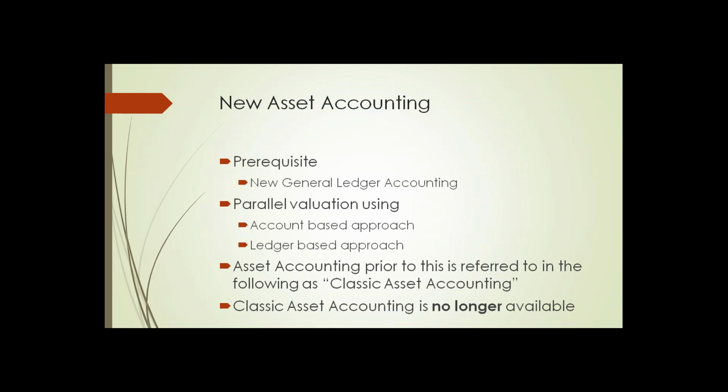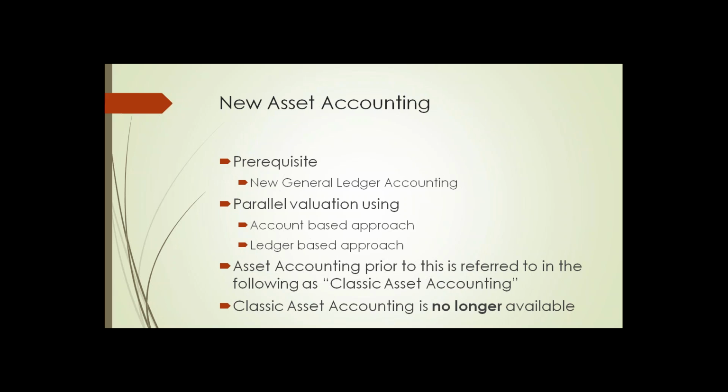But if you are moving directly from classical to simple finance, there are still some small functionalities which will be activated automatically as a new GL. So even then, the system will automatically assume that from the asset accounting point of view, you are already on the new GL. Although you will not be able to use the functionalities of document splitting and parallel valuation, within asset accounting it will be assumed that you are already on the new GL.